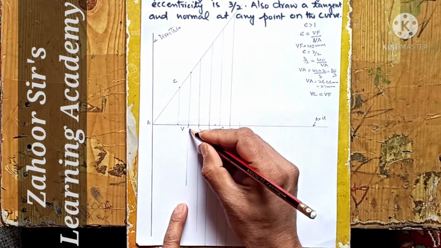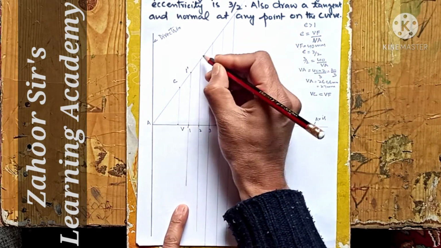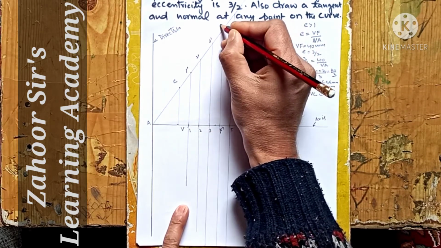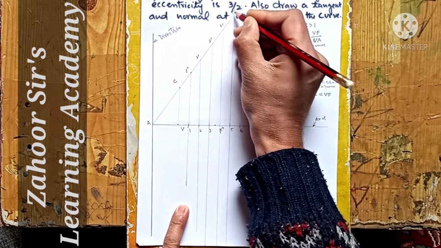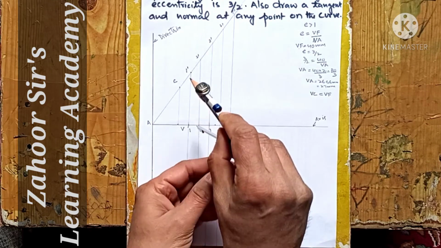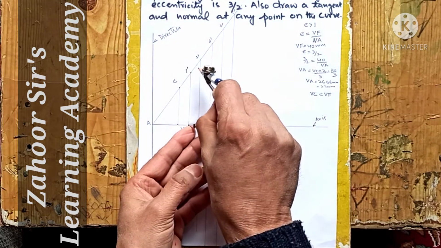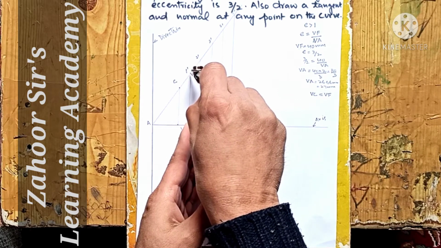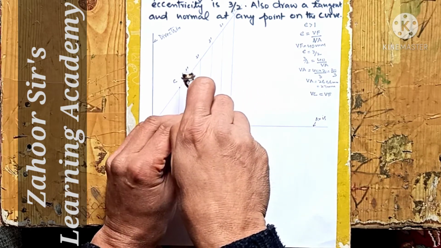So let's name them: this was 1, so this is 1 prime, 2 prime, 3 prime, 4 prime, 5 prime, and so on you can draw. Then we need to open up a compass and measure A1 and 1 prime, taking this as a distance.